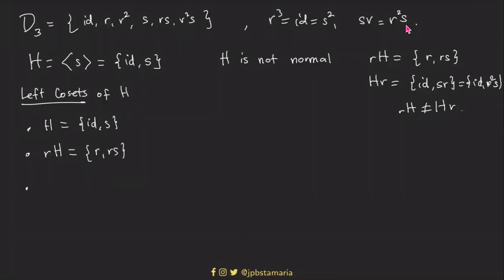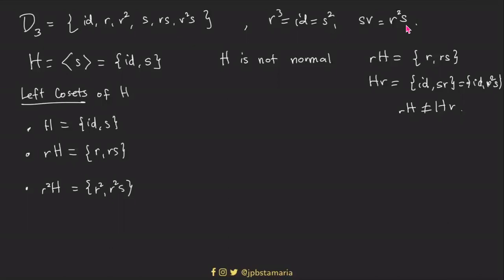What's the other coset? It has index 3, because 6 divided by 2 is 3. How would you name the other coset? R squared H. Yes, R squared H. R squared is not yet mentioned. So this is how we do that.